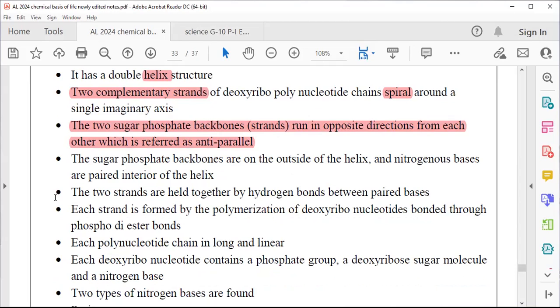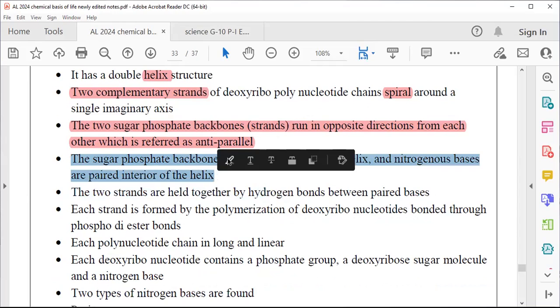Yes. Sugar phosphate backbones are present outside of the helix, and the center is taken by whom? Nitrogen bases. Who is on the outside? Sugar phosphate backbone.